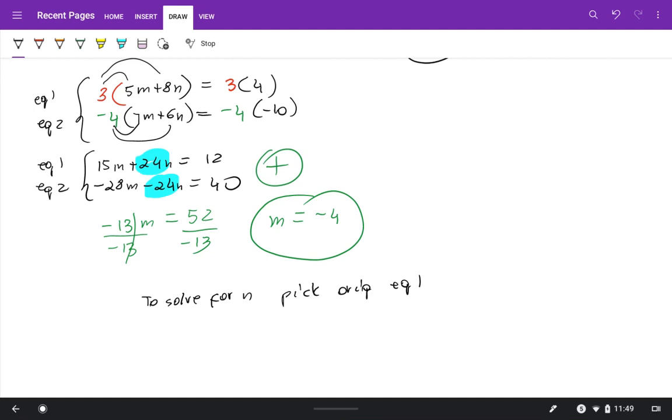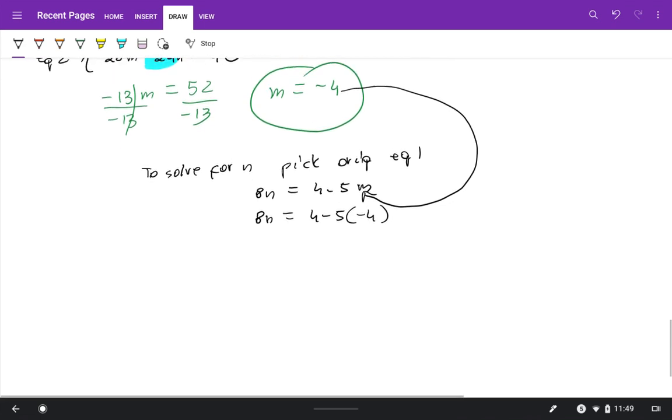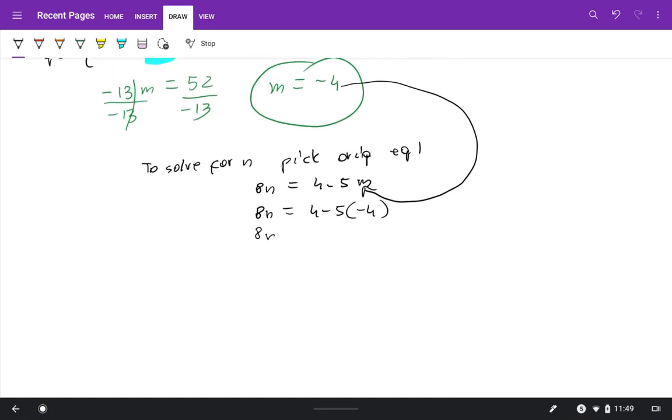So original equation 1, it's 5m plus 8n equal 4, so 8n equal 4 minus 5m. We replace m with negative 4: 8n equal 4 minus 5 times negative 4. This is 8n equal 4 plus 20. 8n equal 24, divided by 8, n equal 3.